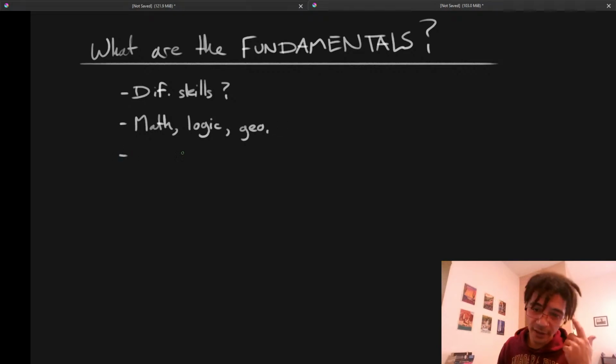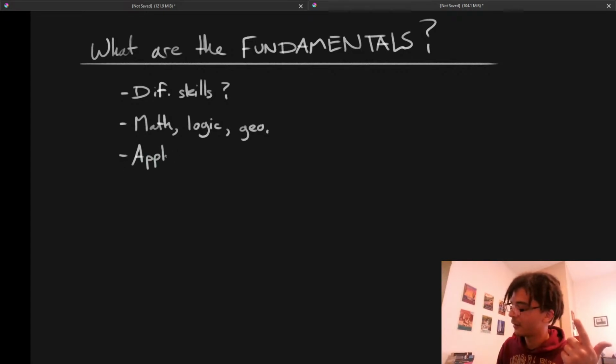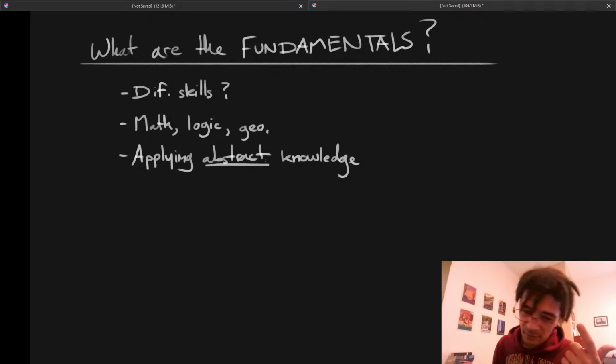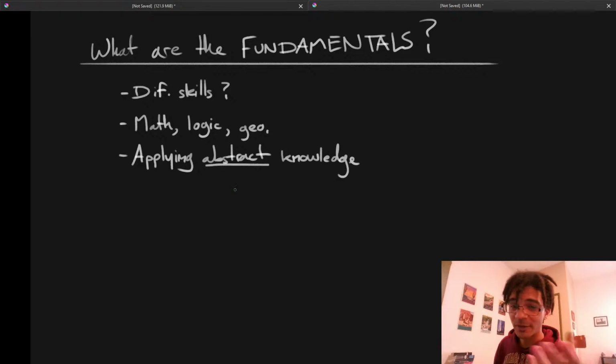So really the way that I end up thinking about this more is about applying abstract knowledge, right? And this abstract knowledge can come from a lot of different places. We can be talking about math, we could be talking about science, we could be talking, for example, about anatomy, which is considered a fundamental skill for any kind of illustrator, right?